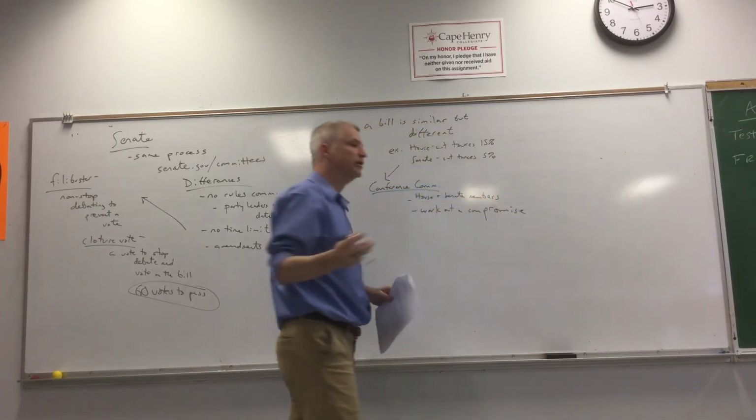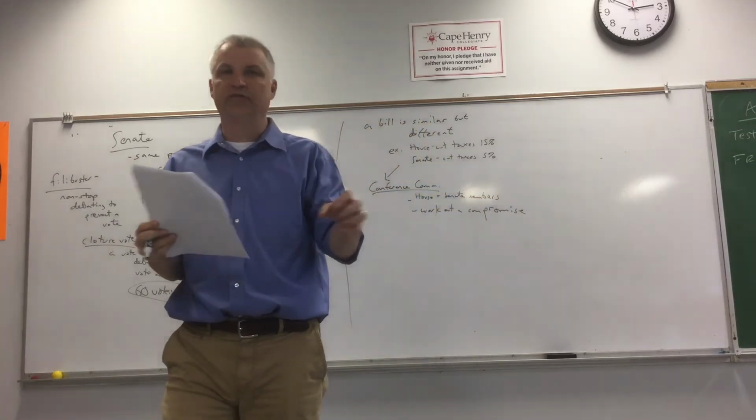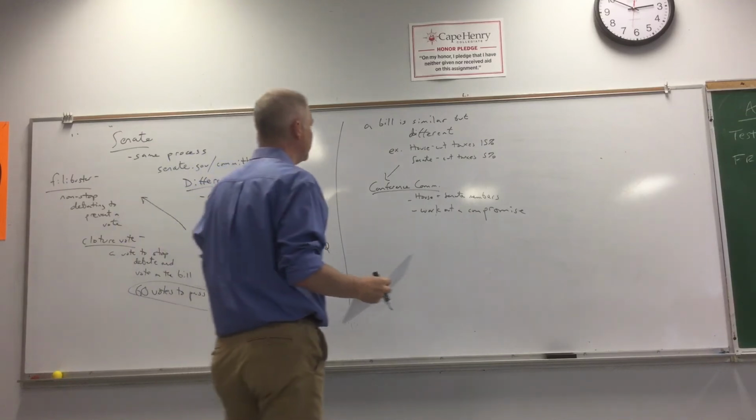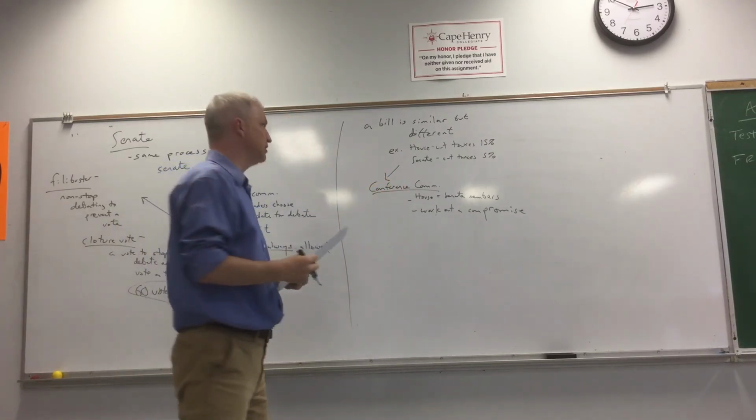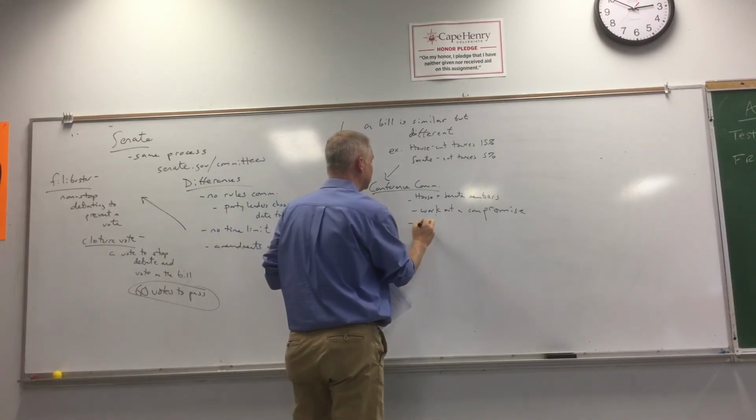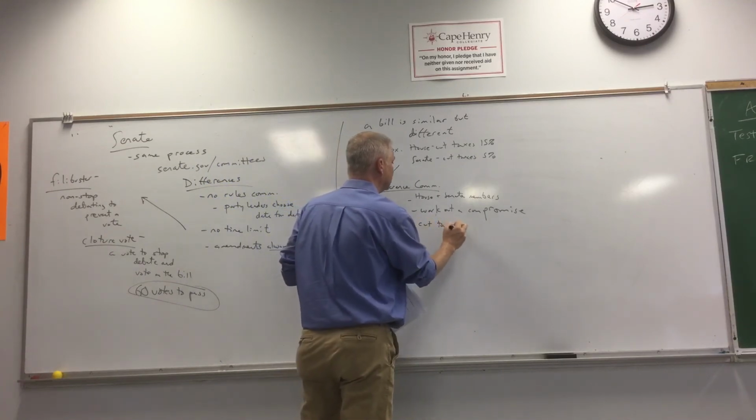And unlike these other committees we've been talking about, where it's all House or all Senate, this will have members of both the House and the Senate in it, and their job is to work out a compromise. And so let's say they work out a compromise of cut taxes 9%.